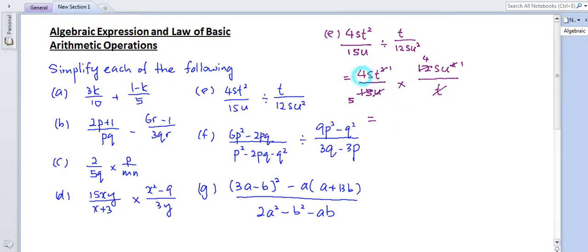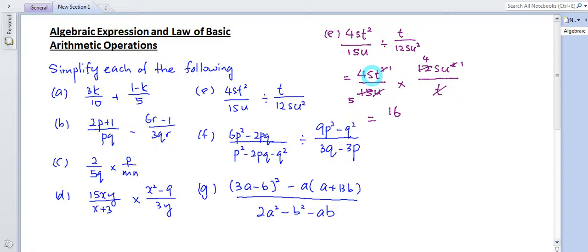For the numerator, we have 4 times 4, which is 16. And we have s times s. This one we cannot simplify, yeah? When we want to simplify, one must be on top, and the other one must be at the bottom, top and bottom like this.